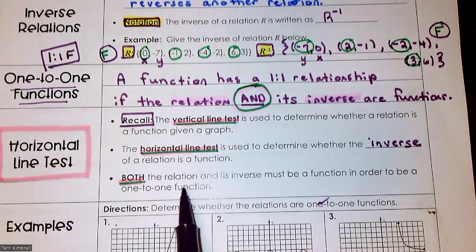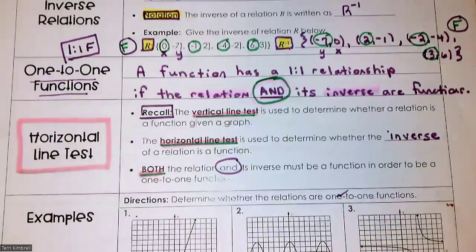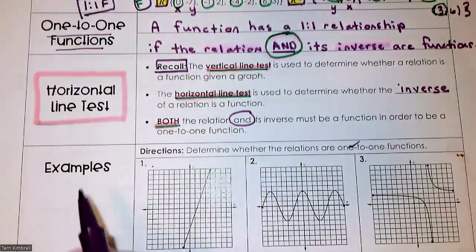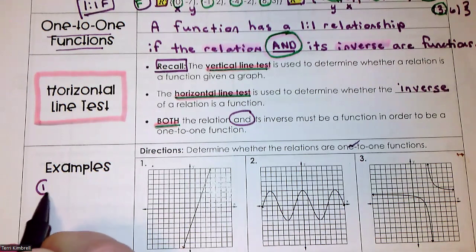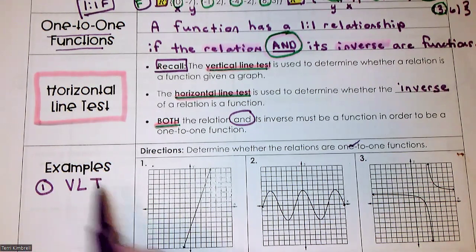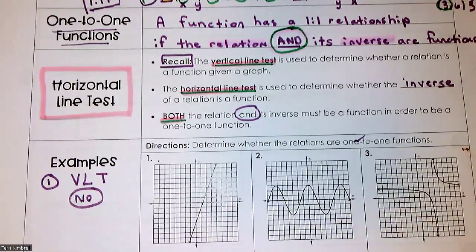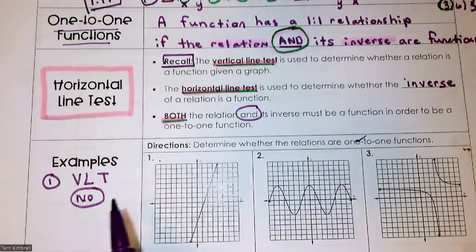So remember that both the relation and its inverse must be a function in order to be 1 to 1. So when you're looking at your graphs, the first thing you want to do is the vertical line test. If you say no to that, then it is not going to be 1 to 1, because it's not even a function.